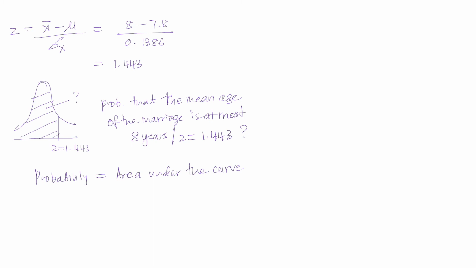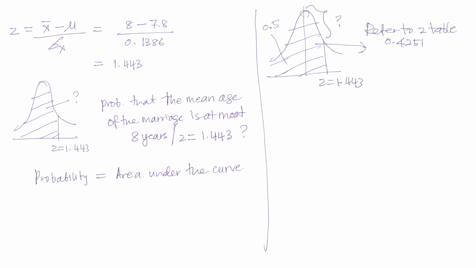By converting the x to the z value, now we can use the z distribution in order to determine the area under the curve. So this is the area that we have to find out. We know that the area on the left side is 0.5 because it covers all. And now we have to find the area on the positive axis of the z, that is when z equal to 1.443.